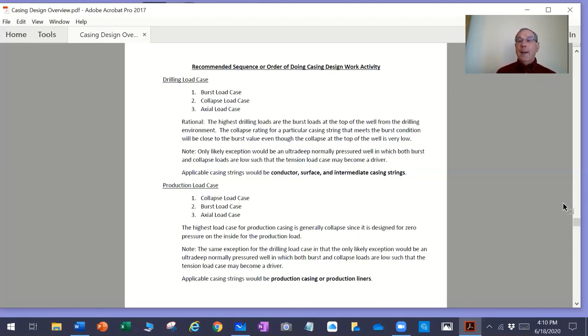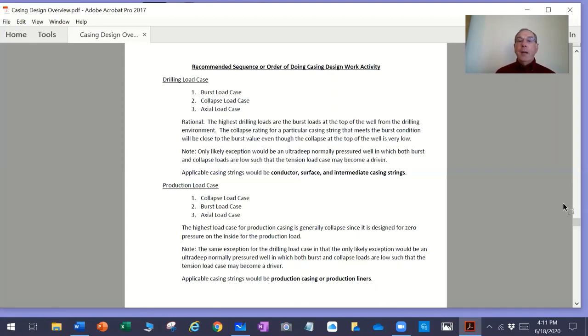The only exception that I can think of in which tension load was a driver is on a normally pressured ultra deep well. If you were to drill a 20,000 foot well with 9 pound per gallon mud, it would have a bottom hole pressure of about 10,000 pounds. It's about a half a pound per foot.